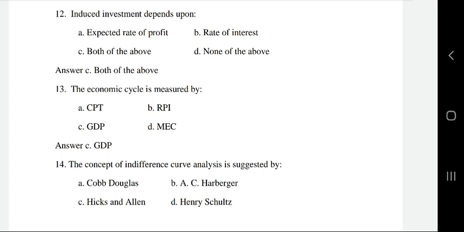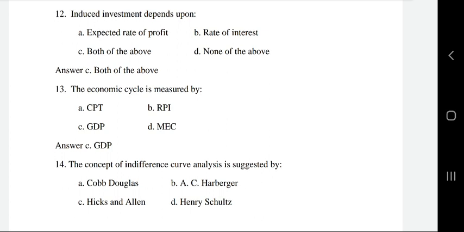Answer is both of the above. Induced investment means an investment which changes as the level of income changes in the economy.